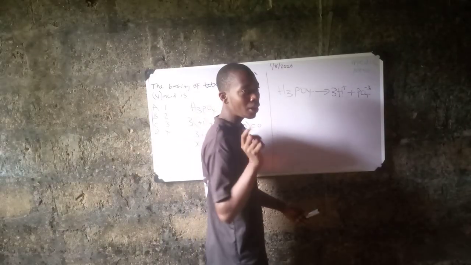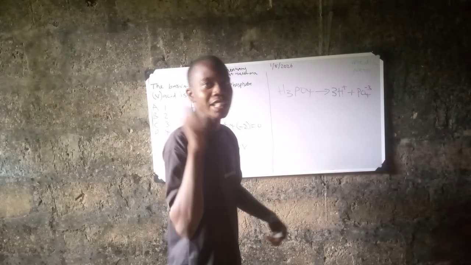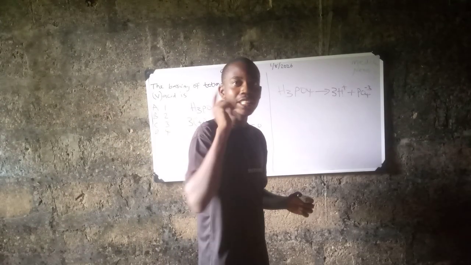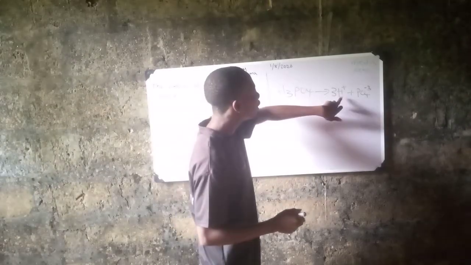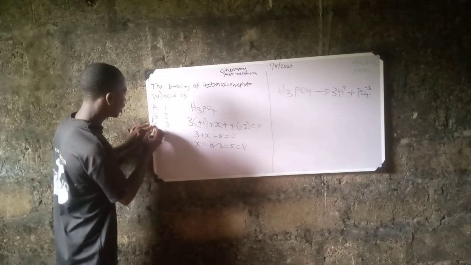And what they mean by basicity is the replaceable hydrogen ions in a compound. So it has 3 replaceable hydrogen ions. That's why it has a basicity of 3, which is option C.